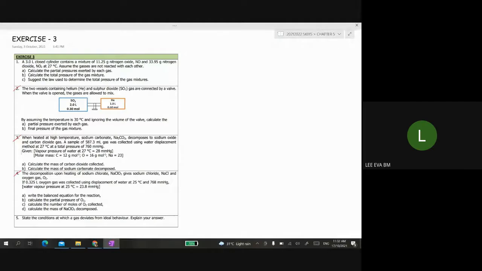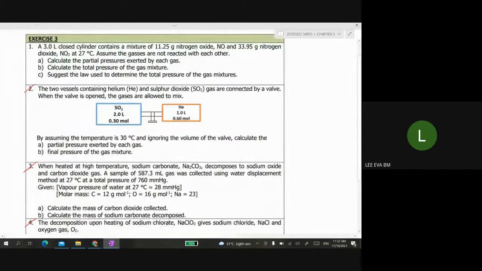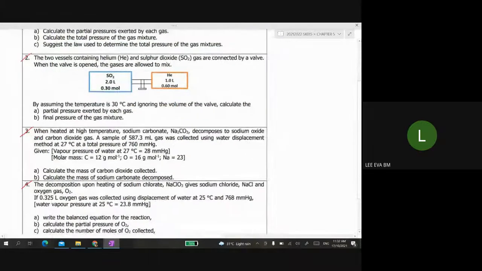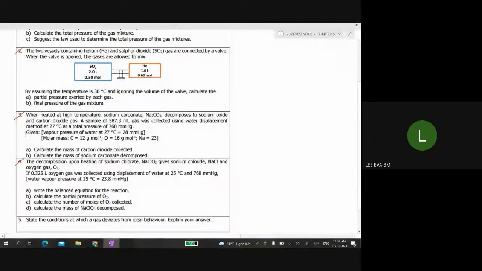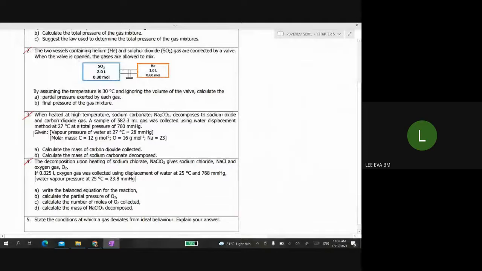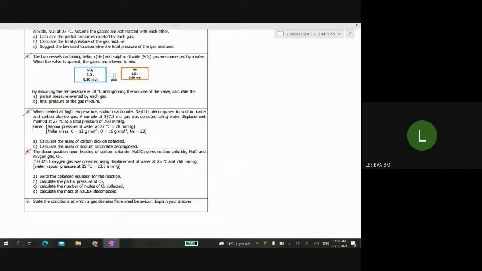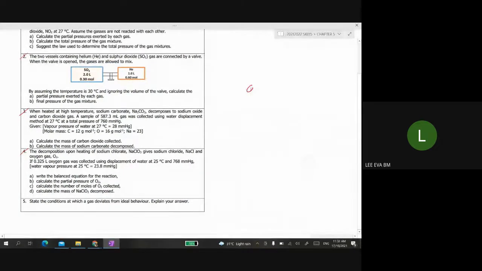So go to exercise number 3 over here, and I want you to do question number 2, number 3, and question number 4. Applying Dalton's Law, Boyle's Law, Ideal Gas Law, so we apply and practice. Question 2, question 3, question 4 into GC.